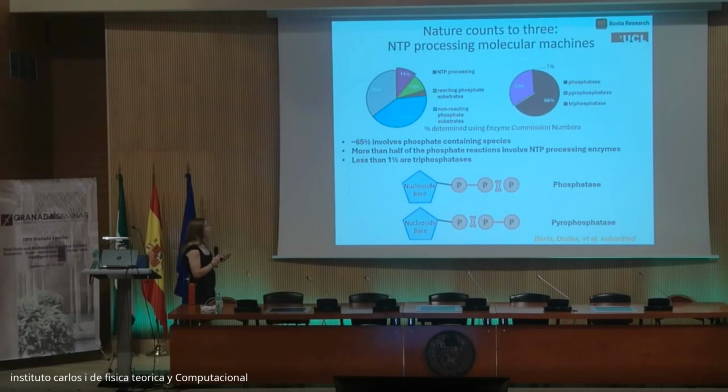And more than half of these reactions have to do with triphosphate processing enzymes. So more than half of them have exactly three phosphates, not just one or two or four or five, but exactly three.